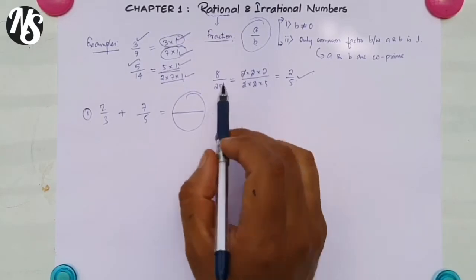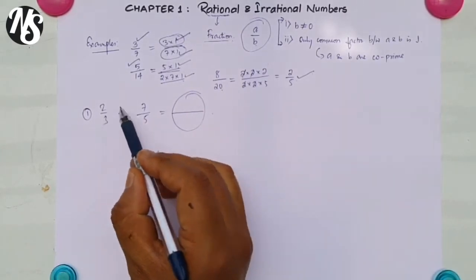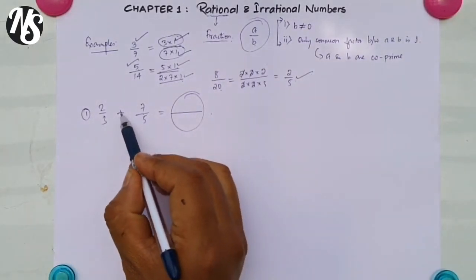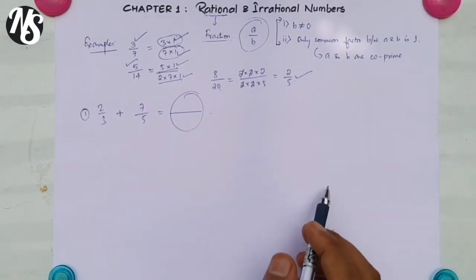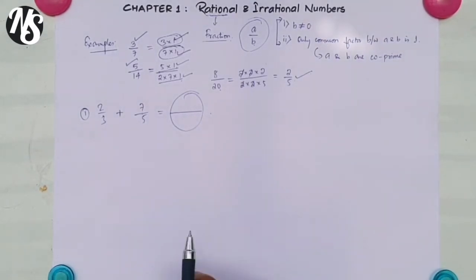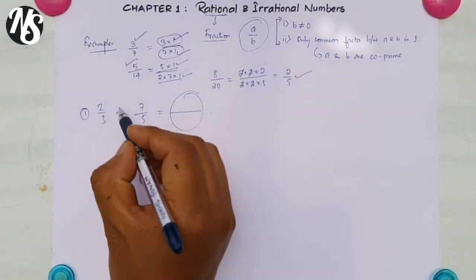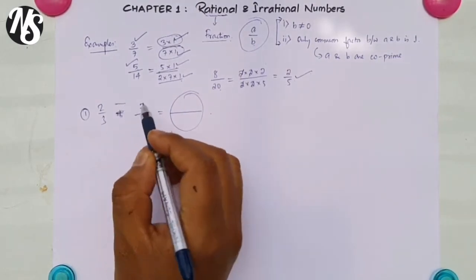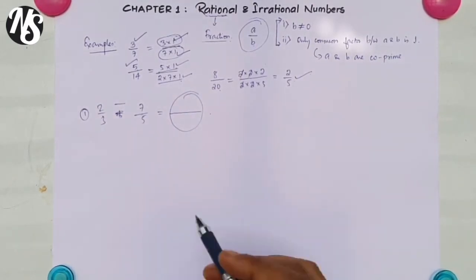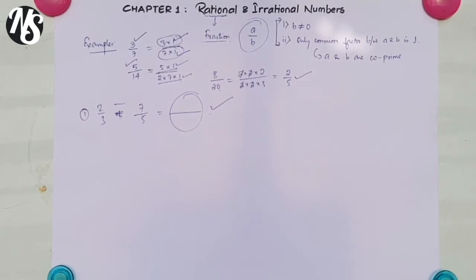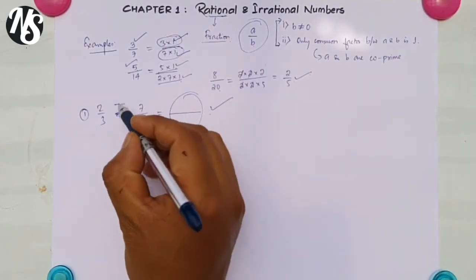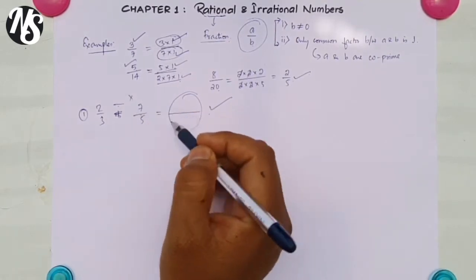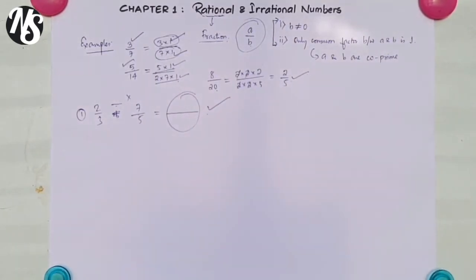In other words, this is a rational number, this is a rational number, so their sum is going to be a rational number. Similarly, if I ask you to find the difference instead of the sum, whatever you get will also be a rational number. Similarly, division and multiplication will also give you a rational number.